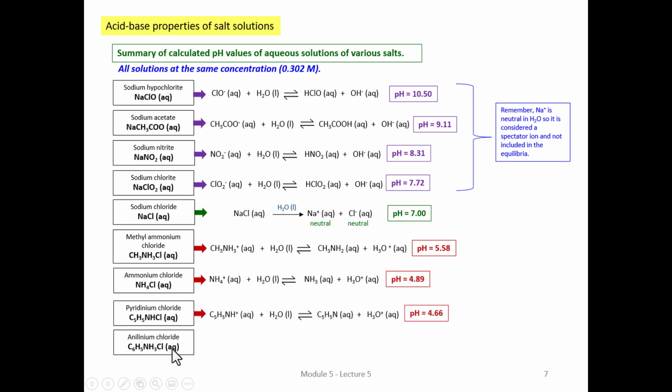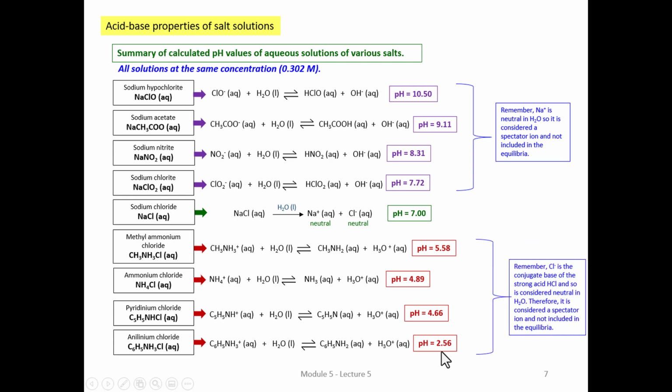And we go all the way down with anilinium chloride to a pH of 2.56. And remember here, chloride is the conjugate base of the strong acid HCl, so it's considered neutral in water, and therefore it's just a spectator ion here, and so it's not included in the equilibria.